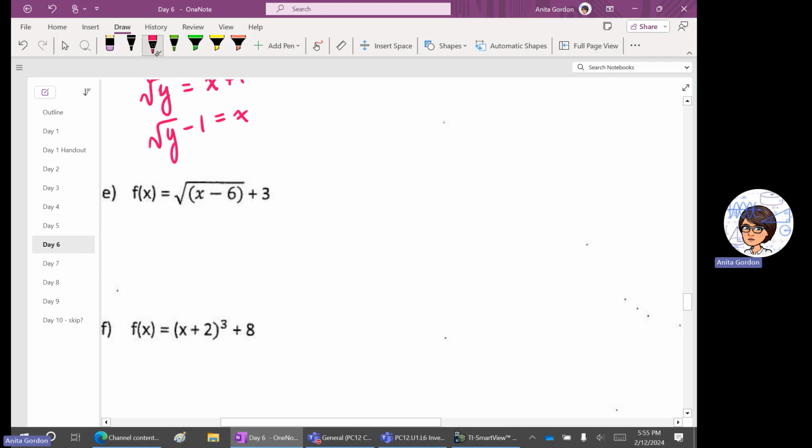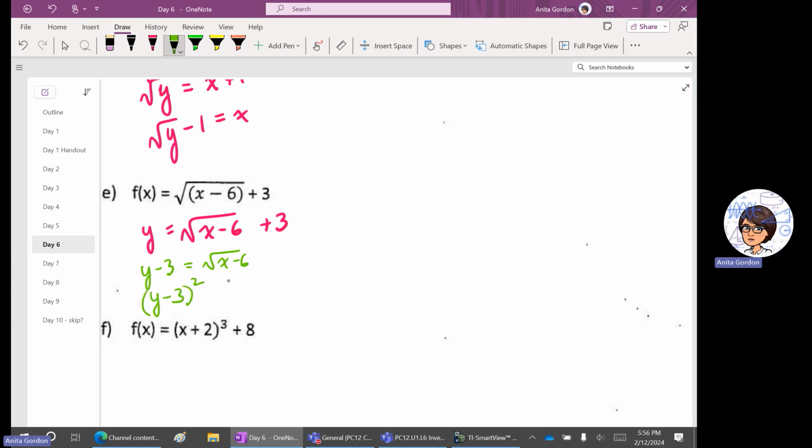All right, let's do one more here. y equals the square root of (x minus 6) plus 3. Solve for x. y minus 3 equals the square root of x minus 6. So (y minus 3) all squared equals x minus 6, which I'm just going to add to the other side. So there we go.